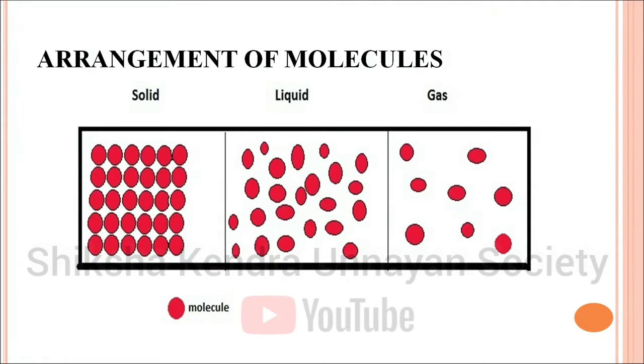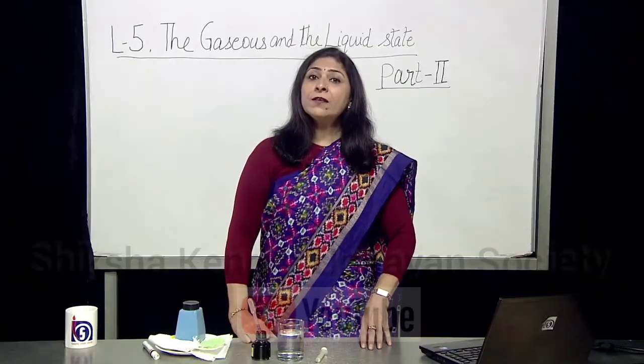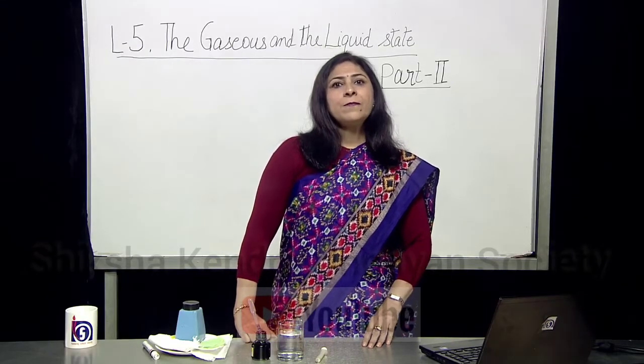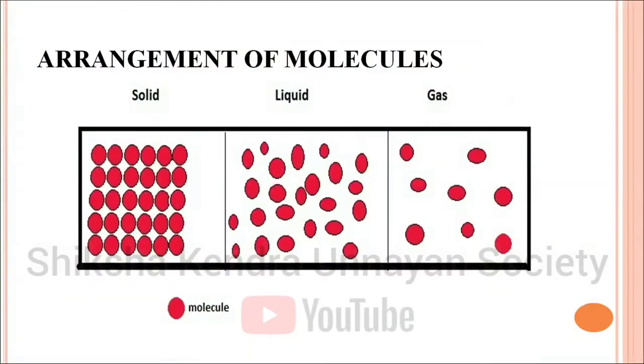The intermolecular force of attraction is maximum in solids, less in liquids, and least in gases. In solids, the space between molecules is negligible, while in liquids it is more than in solids but less than in gases.